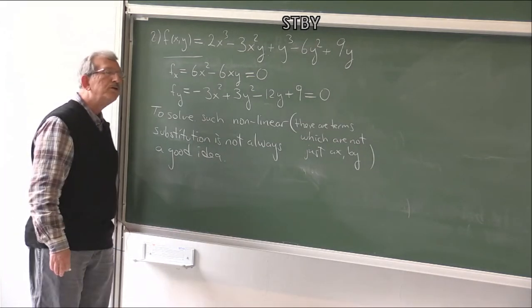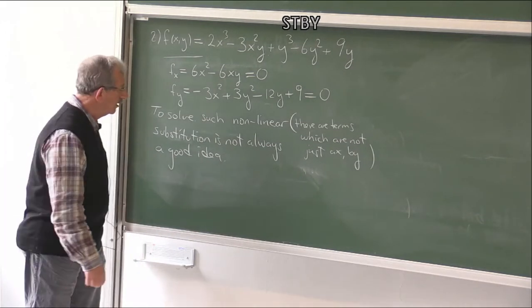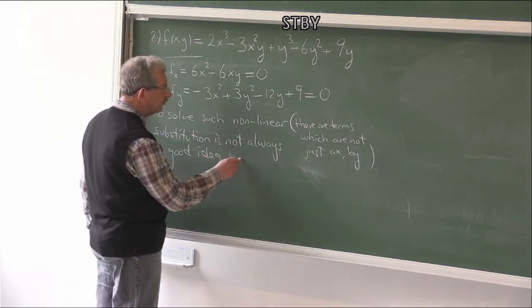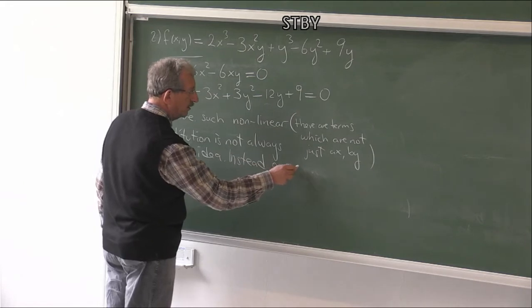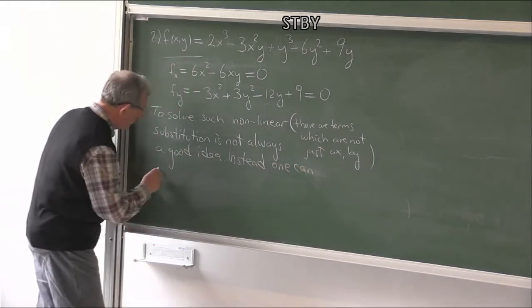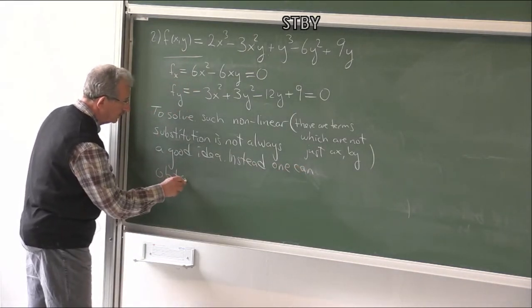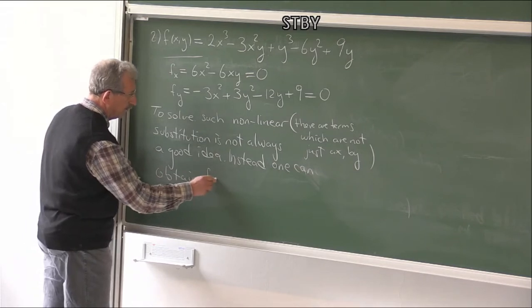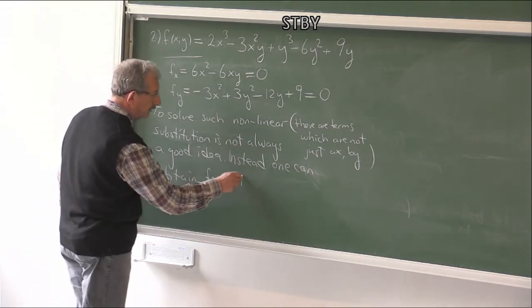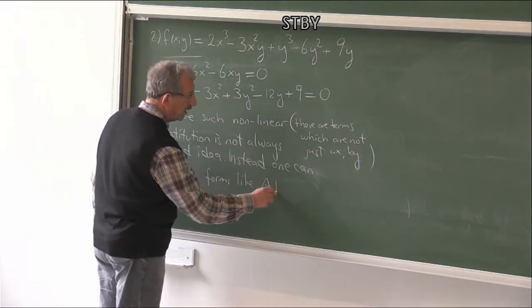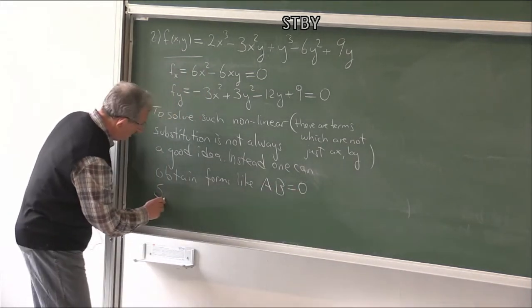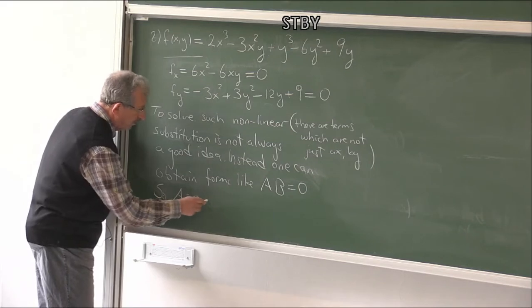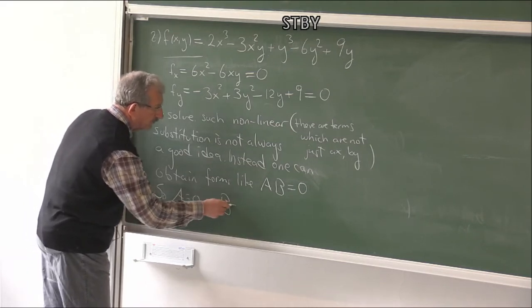So what can one do instead? Instead, one can do the following. Obtain forms like a times b is 0. So a is 0 or b is 0.